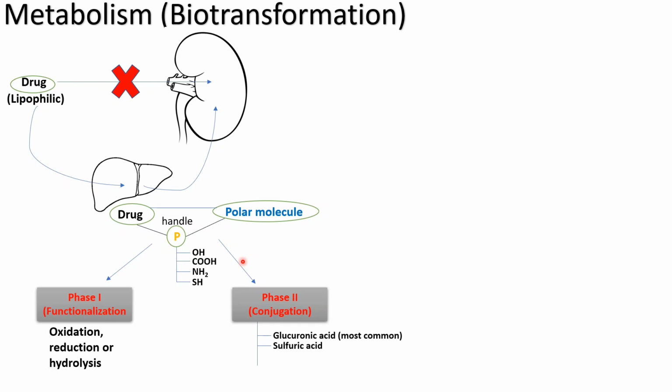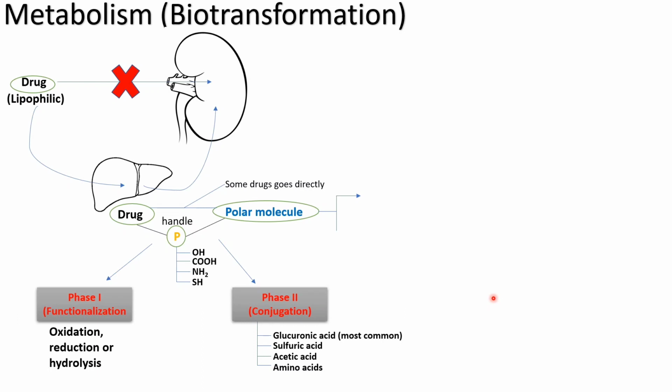There is also sulfuric acid, acetic acid, and amino acids. What is the result of these two phases together? We would mostly get a metabolite that is inactive.